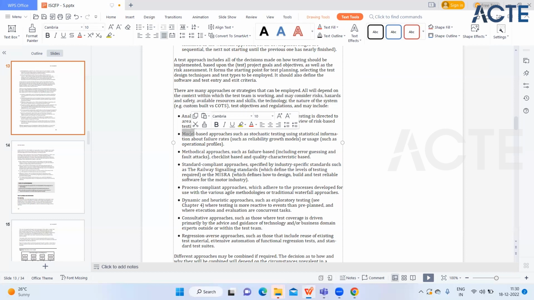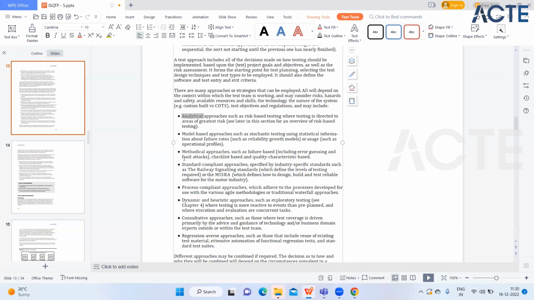In your notes, just highlight this: for the greatest risk we use the analytical approach, and for the statistical information we use the model based approach.